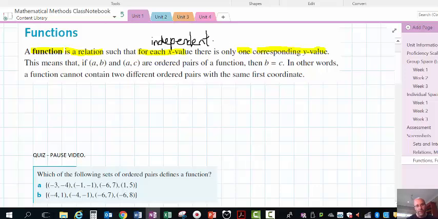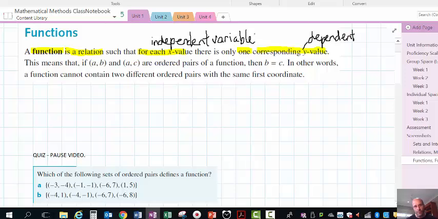So they're part of the independent variable or the independent set. We'll talk more about that in a minute. And y values are dependent. There'll be more about that in a later video.